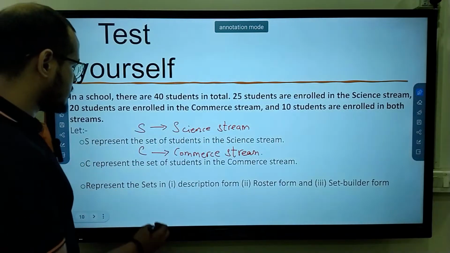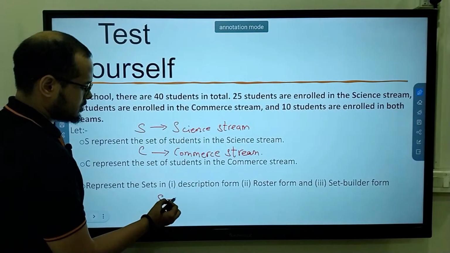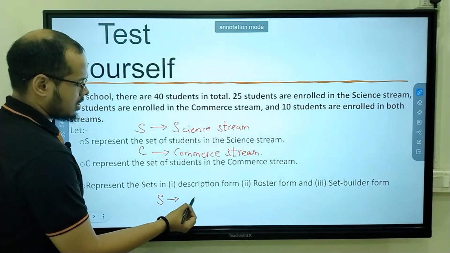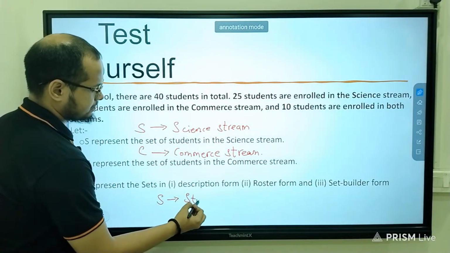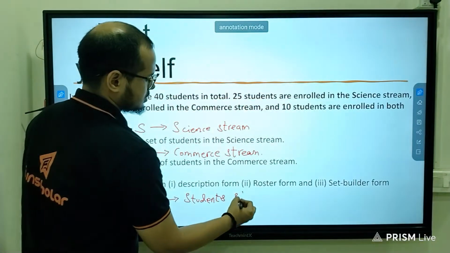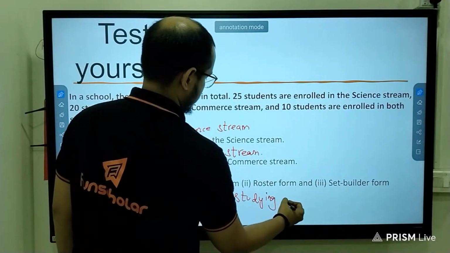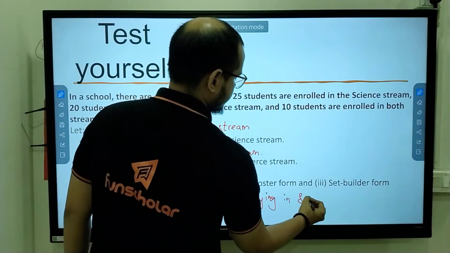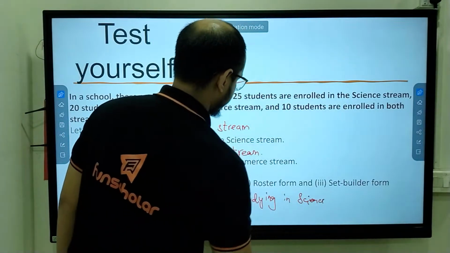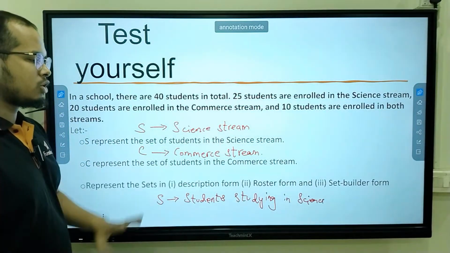So the first one is: S is students studying in science stream. Similarly, the description for the second one is students studying in commerce stream.